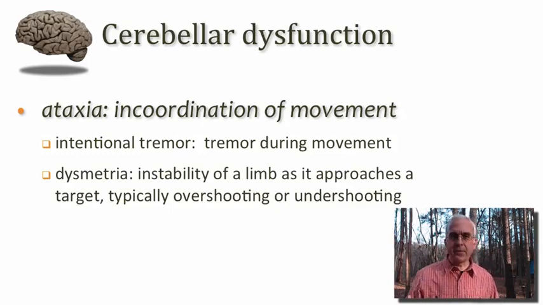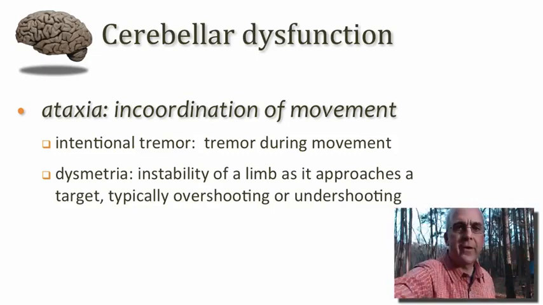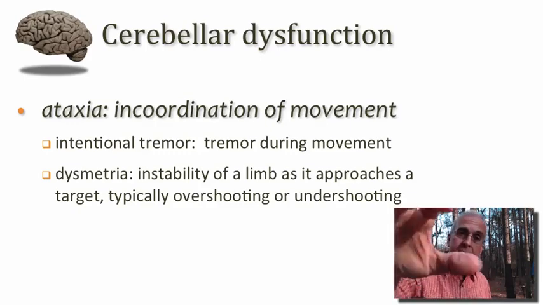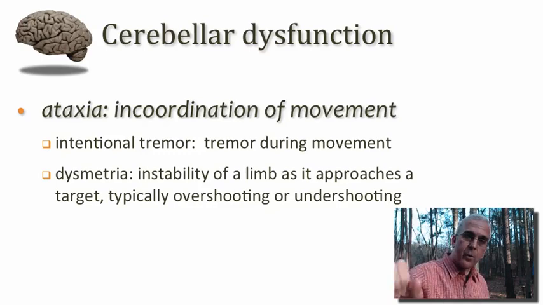There may be an instability of the limb as it approaches a target. It may undershoot a target, or it may overshoot that target if one were to reach out to grasp something. So there is a dysmetria, which refers to a lack of gauging the distance that is required to accurately execute a motor skill.